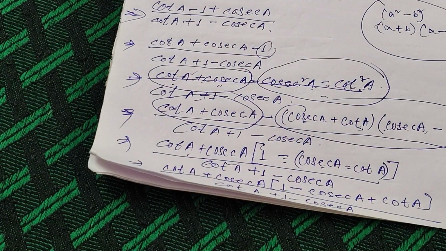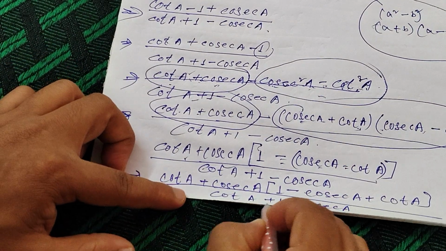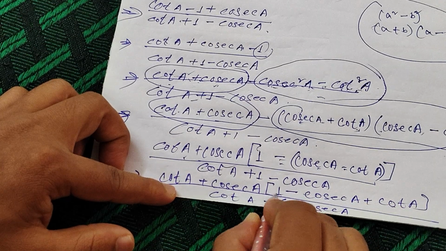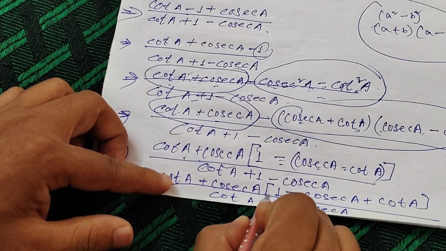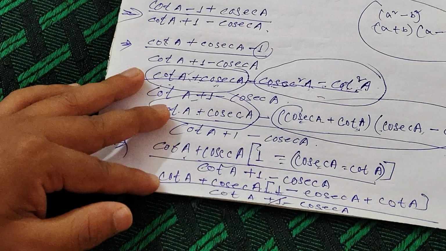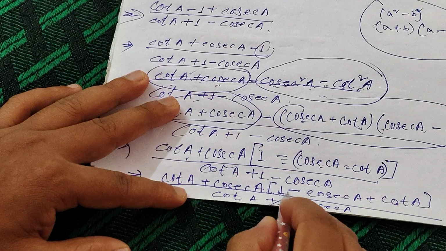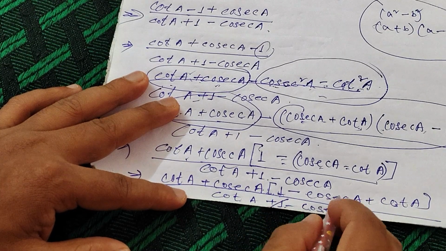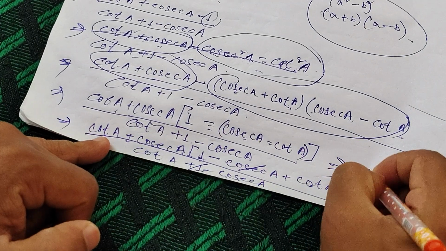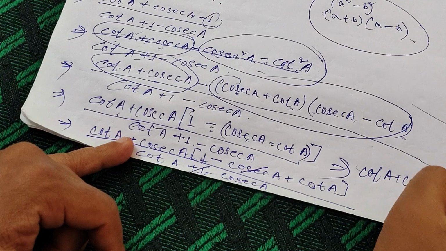We just have to solve the numerator part only. If there is no symbol in front, we have to think it is a positive number. Here is cot A, here is cot A, here is plus 1, here is plus 1, minus cosec A, minus cosec A. These get cancelled. So what remains is cot A plus cosec A plus 1.